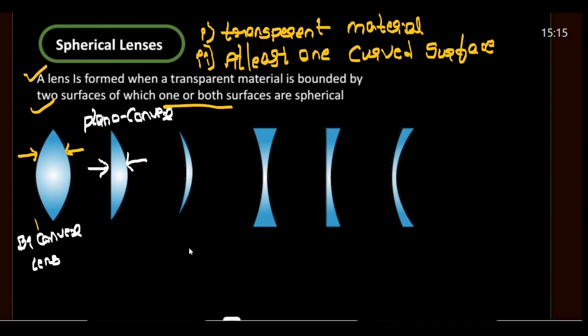And the third one, if you consider the first surface, then it is a concave surface, right? So this side is a concave surface and this side is a convex surface, so we can call it a concavo-convex lens.